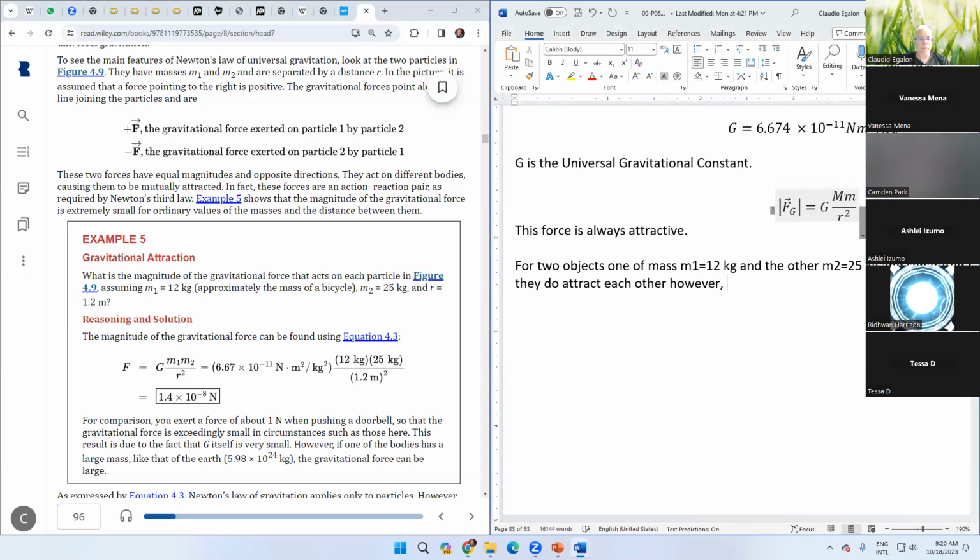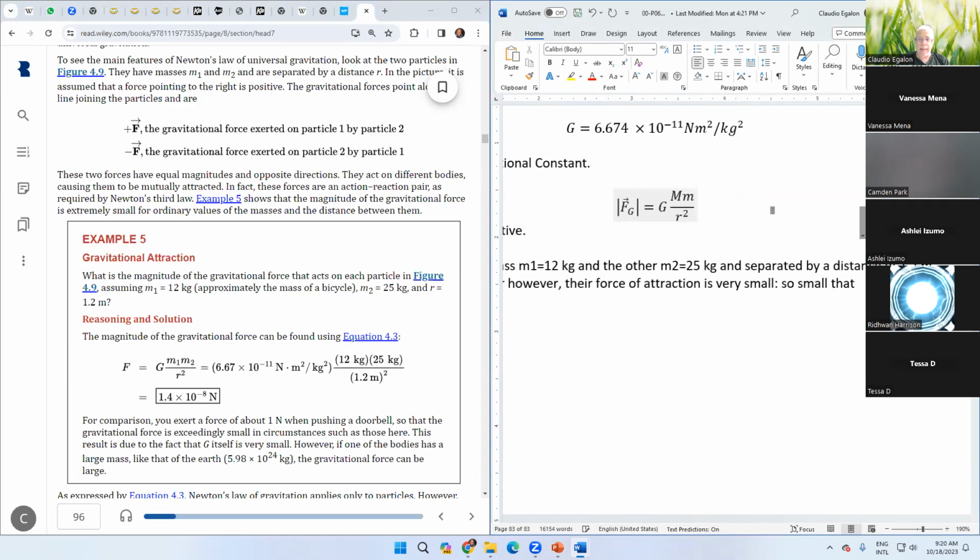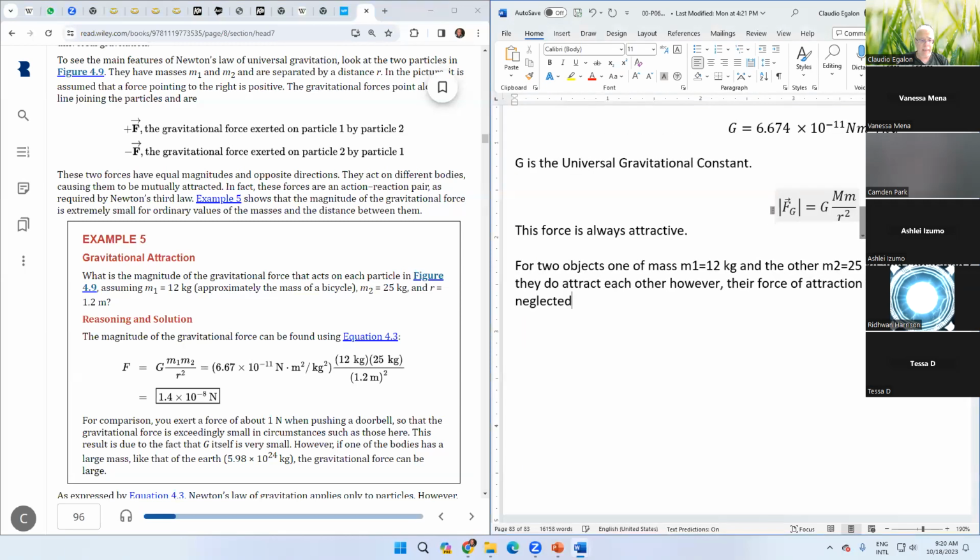However, their force of attraction is very small, so small that it can be neglected, on the order of 1.4 times 10 to minus 8 Newton. Here you go.